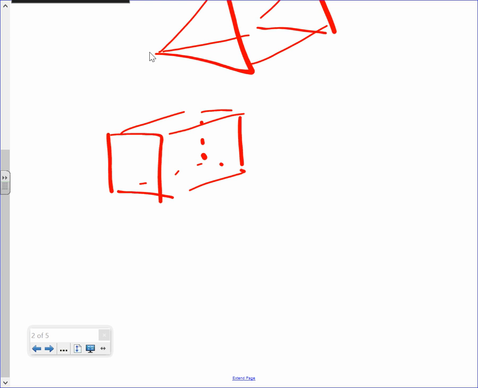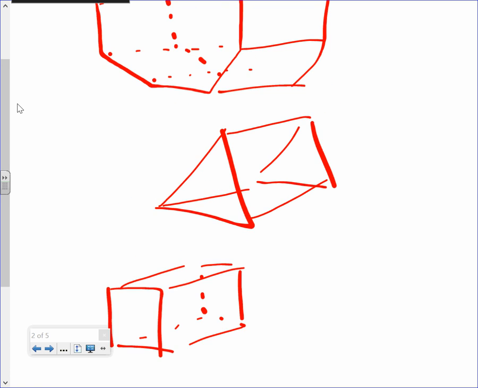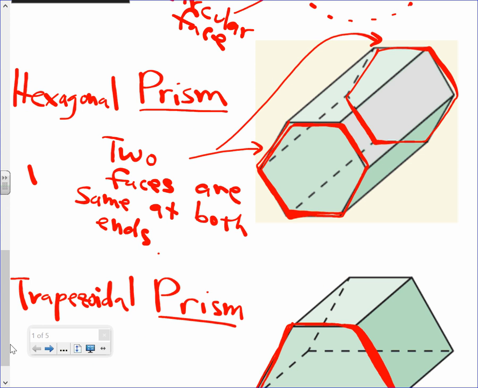What shape is this? That's a rectangle, but what kind of prism would it be? Rectangular prism. Rectangular prism. Triangular prism. Octagonal prism. Trapezoidal. Hexagonal. So you just name it by that front face.